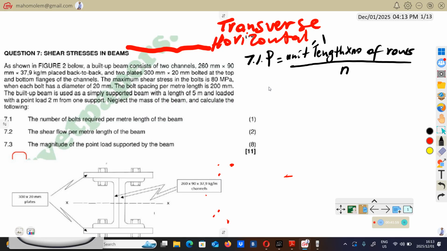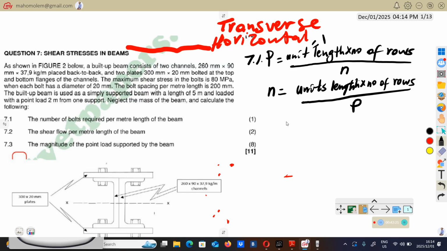So we're looking for number of bolts, which is N. We're going to make N the subject of the formula. Then we'll have that unit length multiplied by number of rows divided by P. So remember I said P is the spacing or the pitch. So the unit length in this case, we're going to have 1 multiplied by the number of rows.